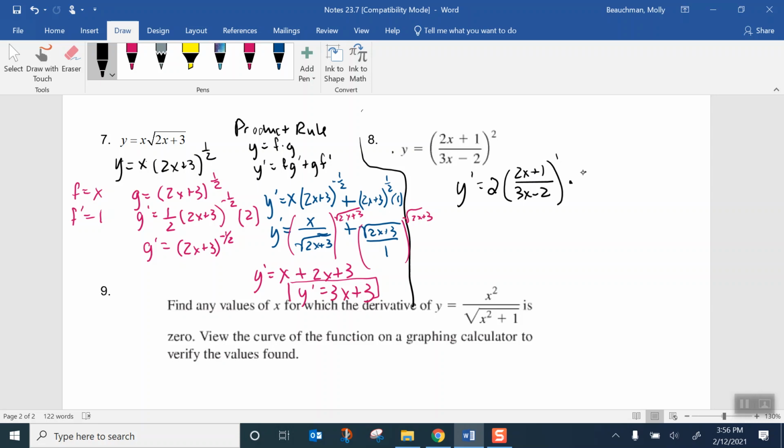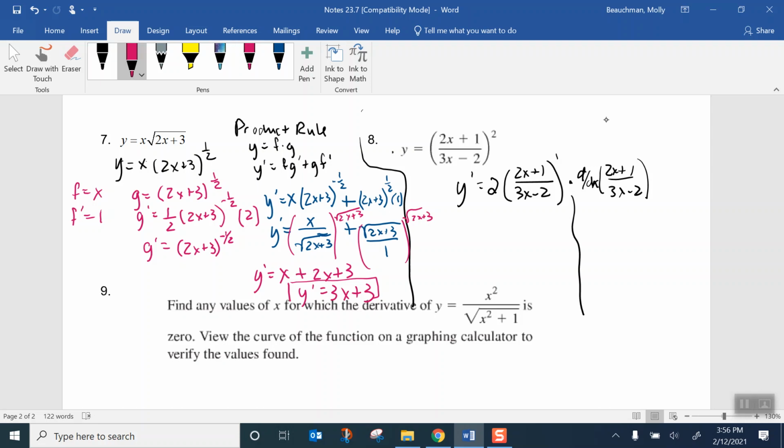So I'll write that in, times the derivative of (2x plus 1) over (3x minus 2). So that means I'm going to have to use the quotient rule to find the derivative of this expression.